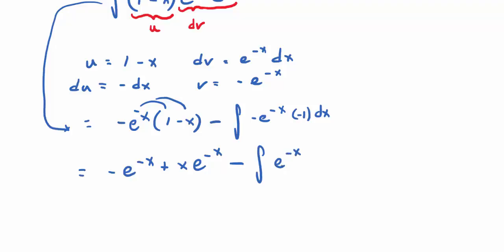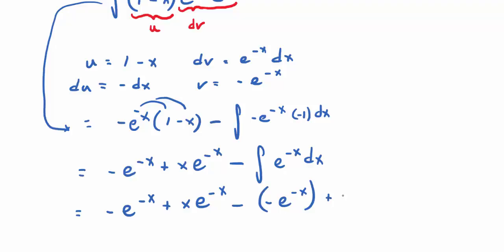Does everybody agree with that? And then you integrate that, and what does it become? It'll be positive e to the negative x, because when you integrate this, you get negative e to the negative x, but you have a minus on the outside. So in the end it'll be plus e to the negative x when the dust settles.